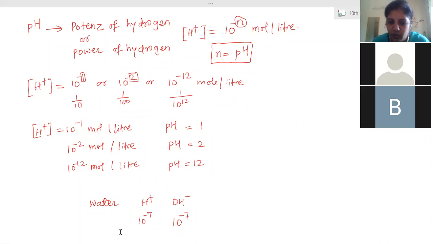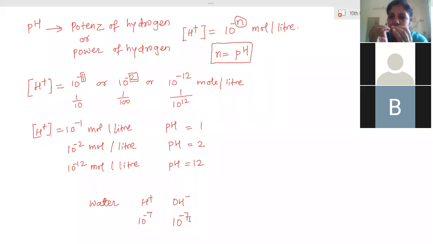If H plus ions are 10 to the power minus 7 moles per liter, then in the same amount of water, how many moles of OH minus ions are present? 10 to the power minus 7. So these are equal values, right?